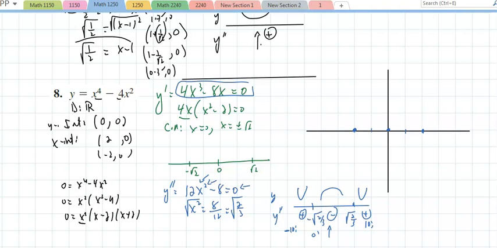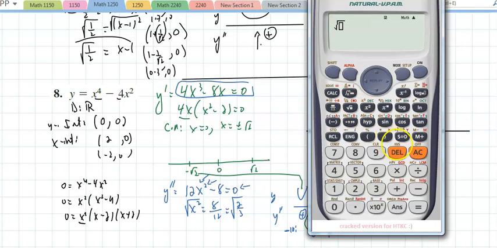Now, do we agree that negative radical 2 is in there? And if you're not sure where that point is, you could plug it in your calculator and figure it out. You could take the square root of 2 divided by 3. It's 0.8. Right? And for those of you that don't know, radical 2 is about 1.4.